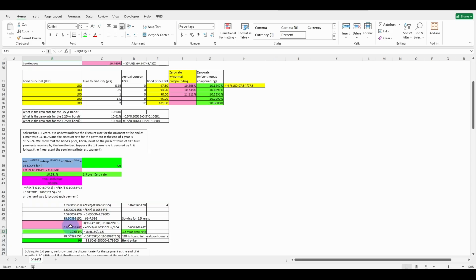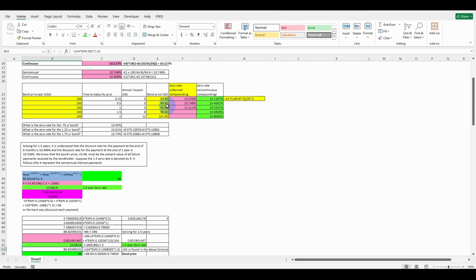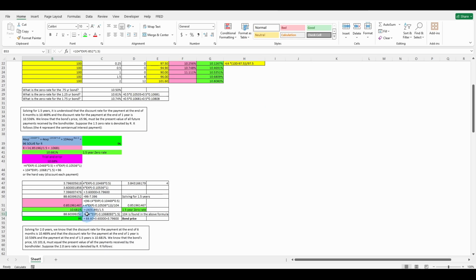This yield, divide this by 1.5 is 10.681. Then we have 104. And again, remember up here, we had the 104, we had the 4%. So we're using 104, EXP 1068. We're going to use this number here, and we're going to derive at the price B53, 8860, B48, 36, and 3769.